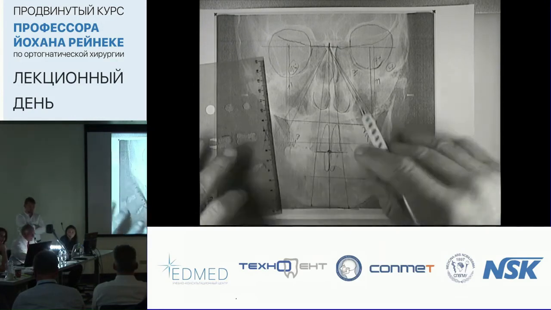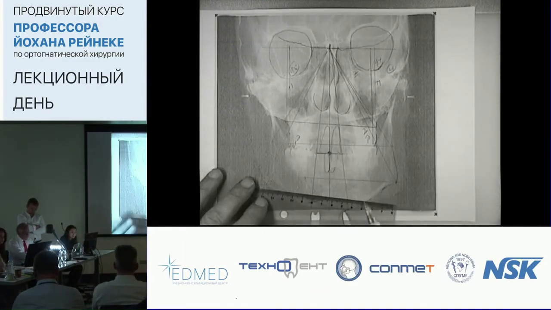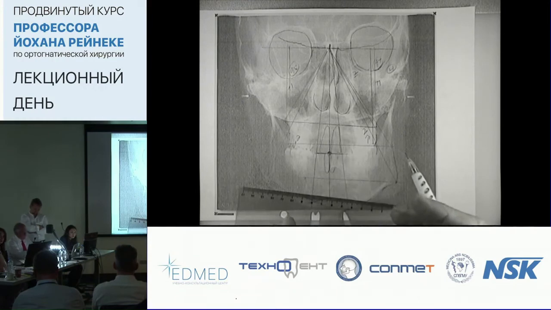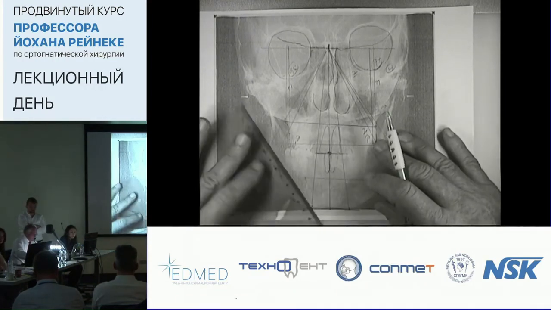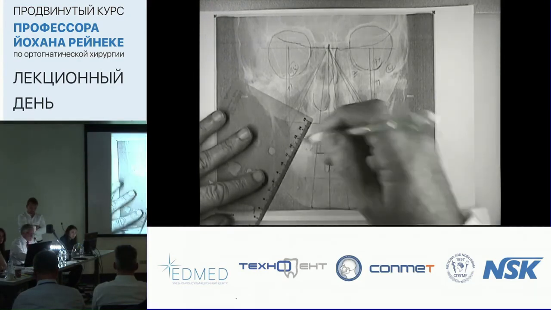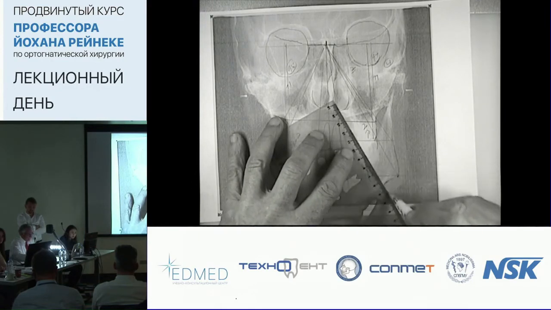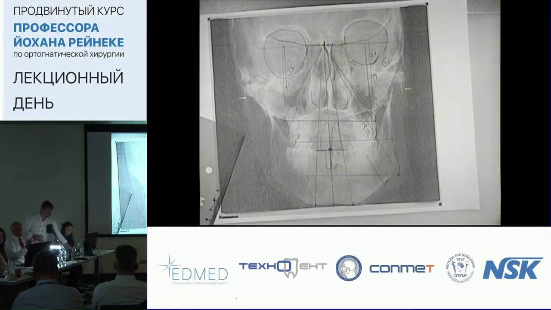So once I've done that, I can draw in a red line the correction of the cant, and I do the correction on the mandible, and I can draw my sagittal split osteotomy on this side and on this side here, and I can see how much the mandible needs to move.